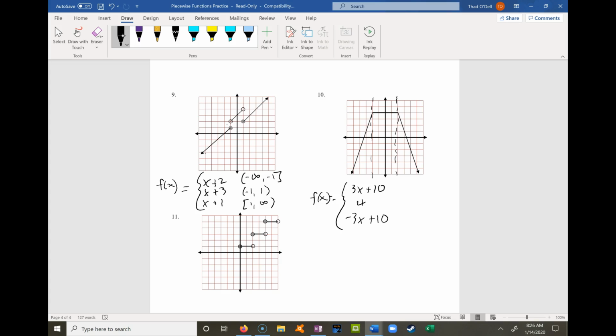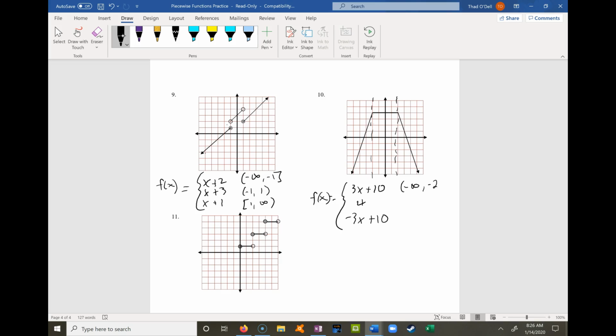Now we just got to describe the intervals or the domains. So this is going to go from negative infinity till looks like negative 2. And as far as what goes hard and soft, it doesn't really matter because these guys end and begin at the same place.